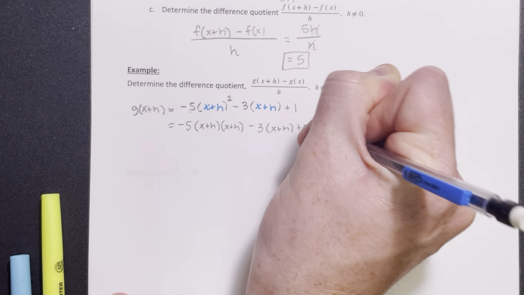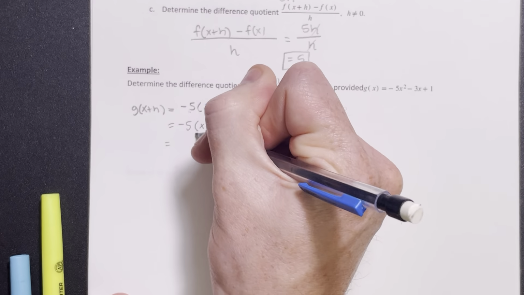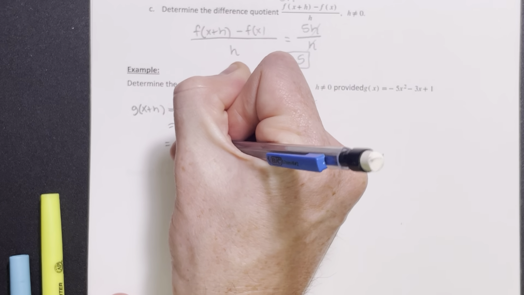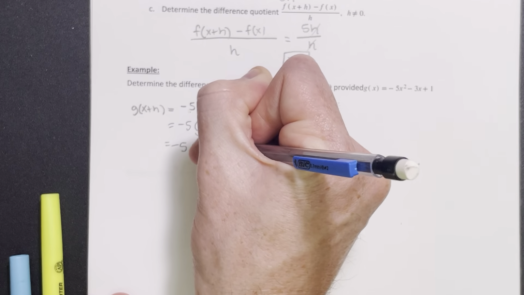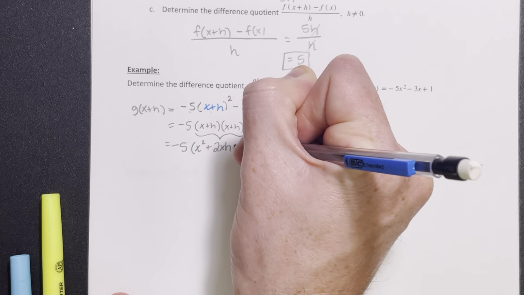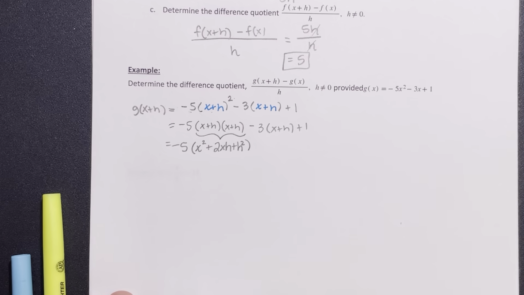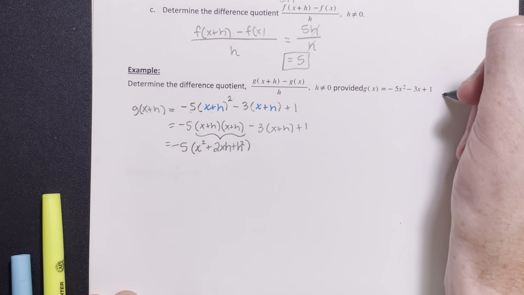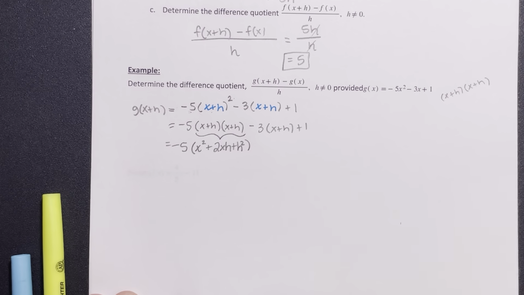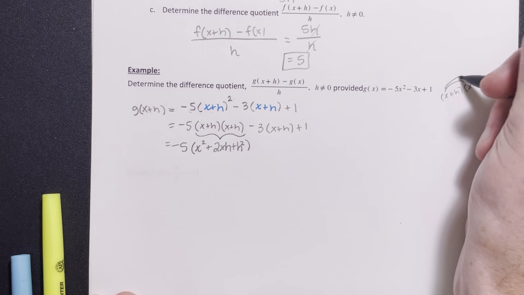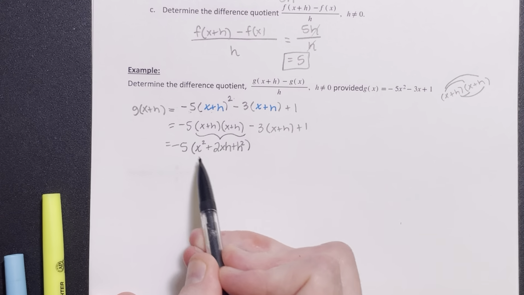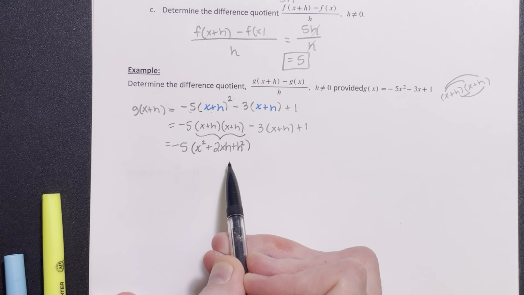Then we'll simplify that a little bit more, because I can distribute x plus h times x plus h. That would end up being x squared plus 2xh plus h squared. If you need to remind yourself off to the side how that happened, you can do that. X plus h times x plus h, we are distributing, and by combining like terms, we're going to end up with x squared plus 2xh plus h squared.